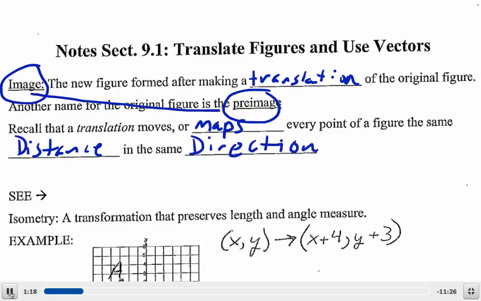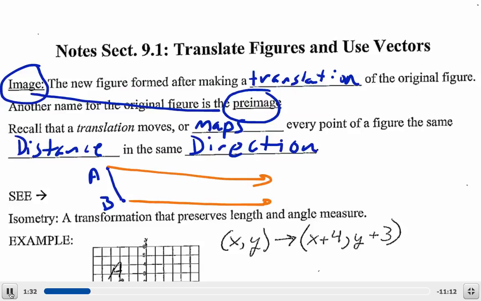Let's take an example real quick. If we think back to Geometry A, if we start with line segment AB, and I want to translate that maybe over here, to its new place, the same distance in the same direction, and the image is going to be labeled A prime, B prime.